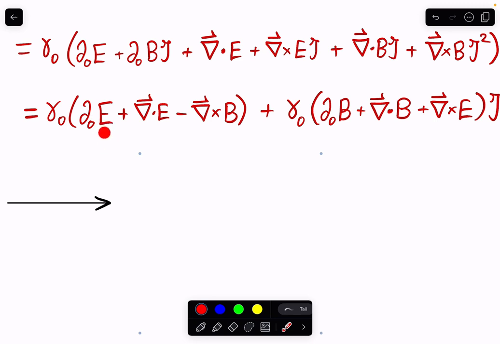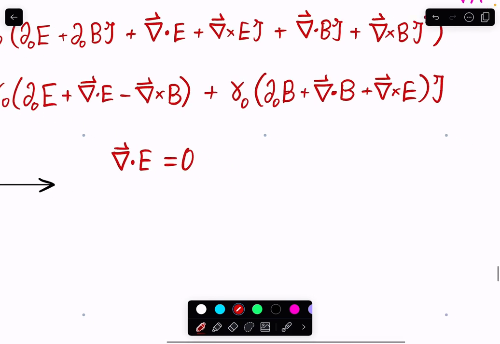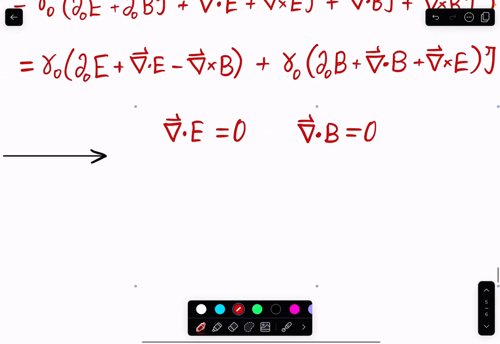So you'll have that the divergence of E will be equal to 0. You'll have that the divergence of B is equal to 0. And you'll also have that the change in time of E is equal to the negative curl of B.